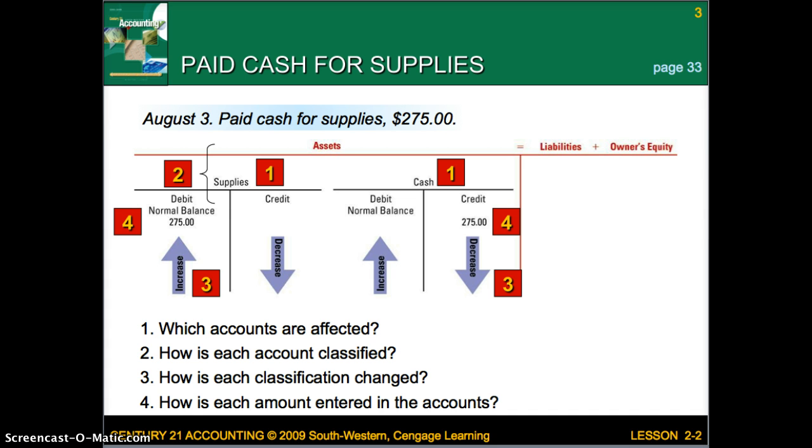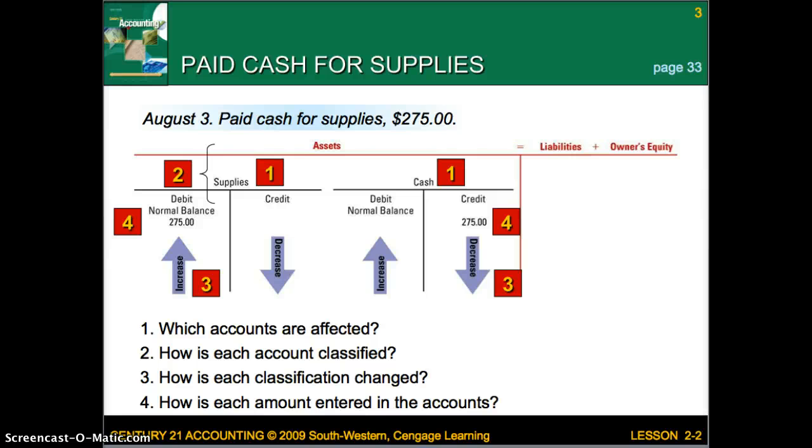The next thing I'm going to do is look at how each classification is changed. How I like to think about this, and I think I talked about this in chapter 1, is my brain works where I think of it as piles. I have a pile of cash, a pile of supplies, a pile of insurance, a pile of whatever it is, and I need to think about, is my pile getting bigger or is my pile getting smaller?